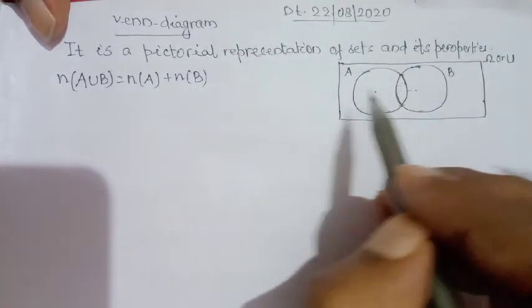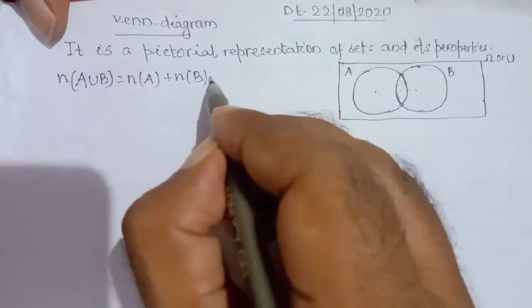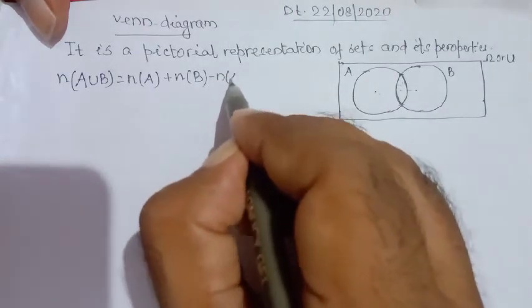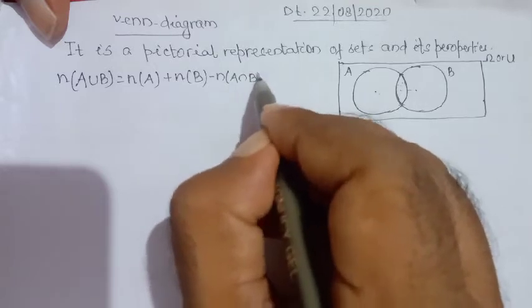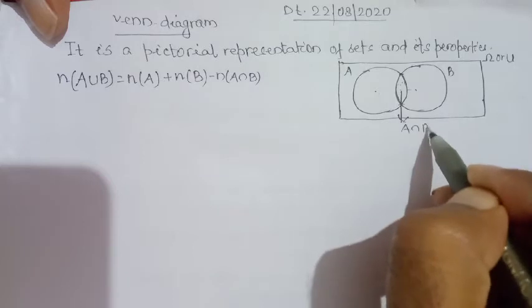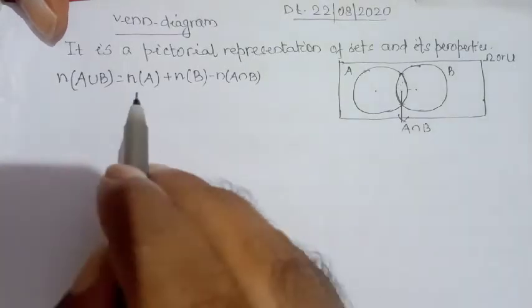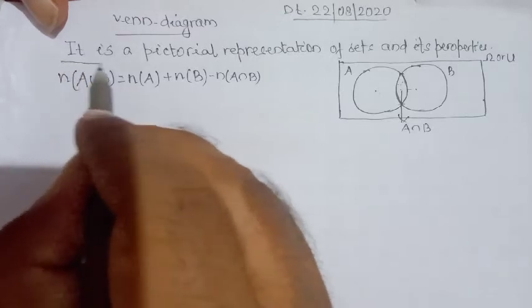But sets have no repeated elements, so subtract one of their intersection. This part is called A intersection B, the common part. So this is your formula.